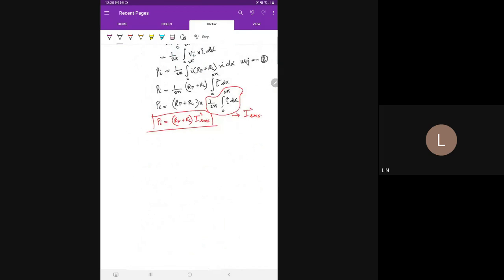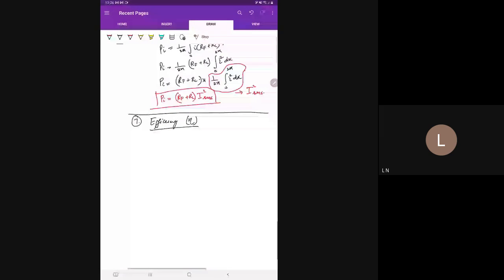The next parameter that we'll discuss is efficiency. So parameter number 7, it is efficiency, which is represented by neta. Okay, efficiency is represented by neta.